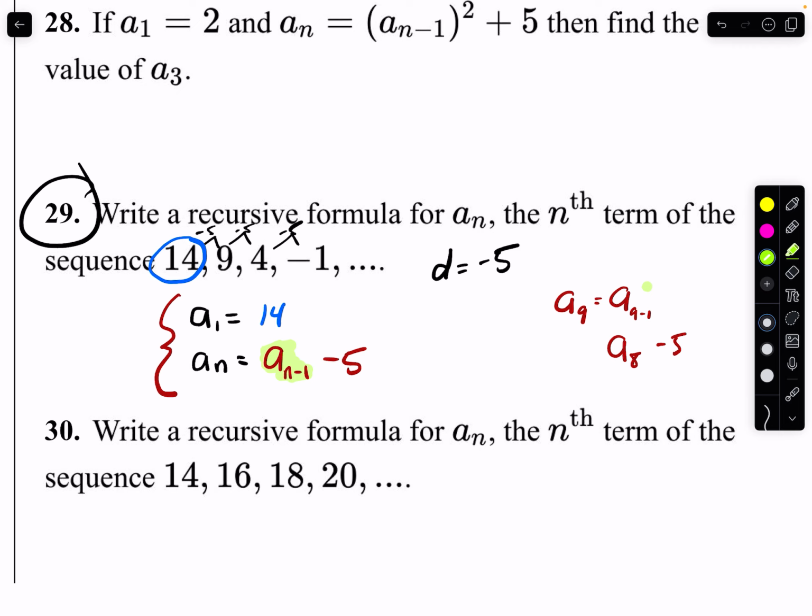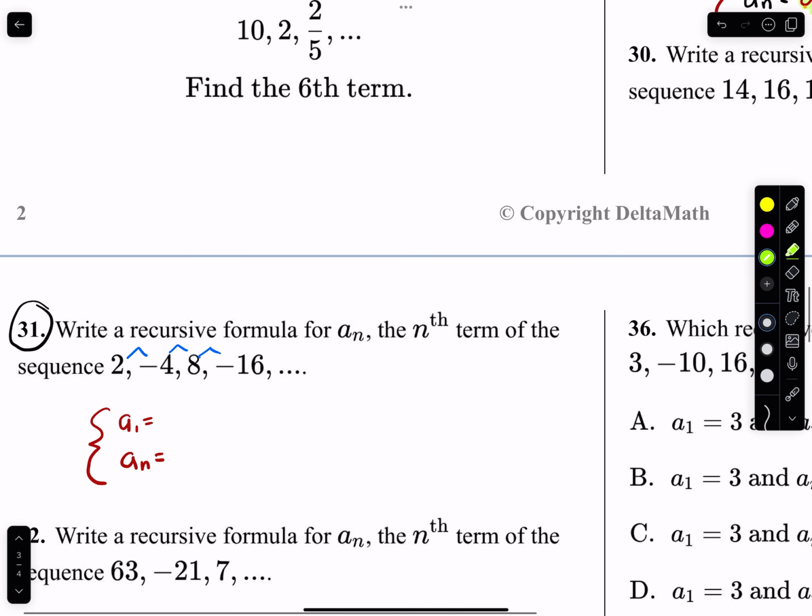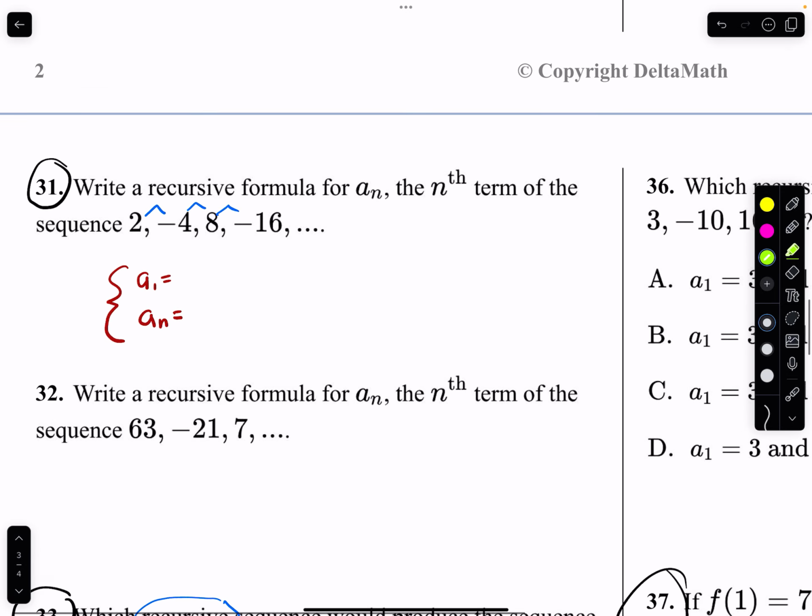Okay? So now you can also do the same thing with a geometric sequence. Right here you can take a look at this and understand that each time we're multiplying by -2. Multiplying by -2, multiplying by -2. So here the common ratio is -2, right? But it's the same idea. I start with the first term, okay?